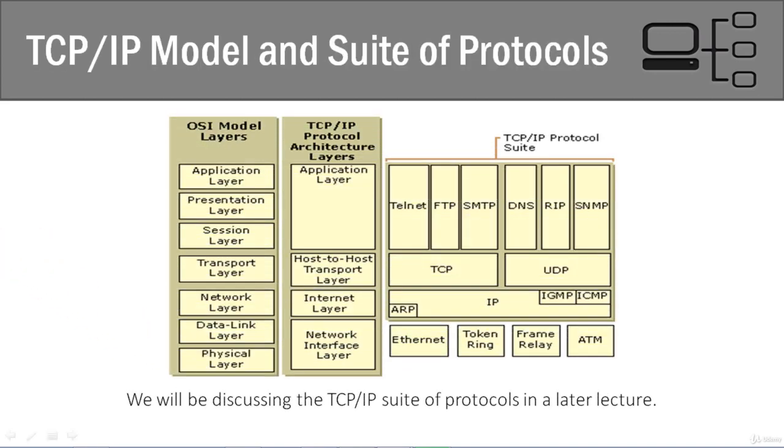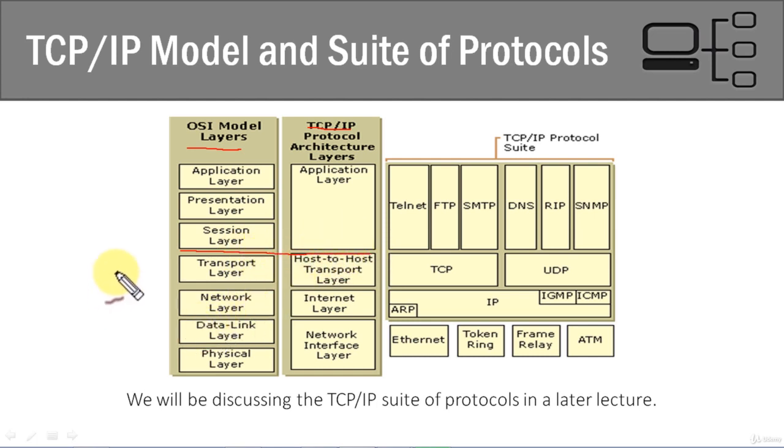Let's take a look at these two different suites side by side. We have the OSI model right here, and we have our TCP/IP model on the other side. What you'll notice is that we have the application layer, the presentation layer, and the session layer side by side. On the flip side, we only have the application layer.